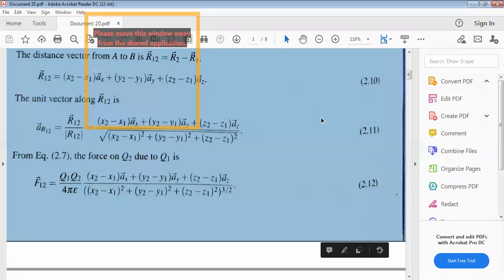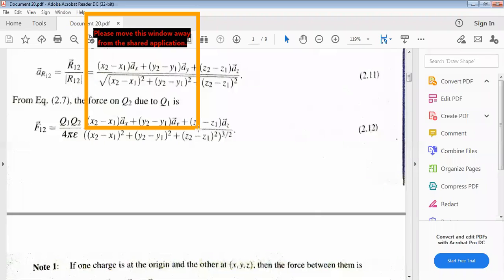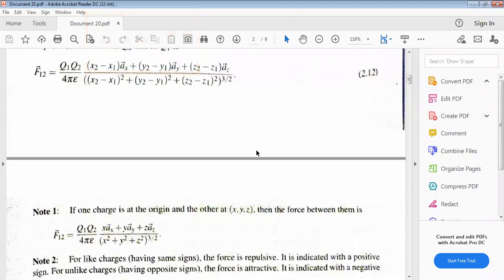Now see here, if one charge is at the origin, for suppose x1 y1 z1 or x2 y2 z2 is located at 0, then all those terms are 0. Then (x2 minus x1) ax, (y2 minus y1) ay, (z2 minus z1) az become x2 ax, y2 ay, z2 az, and here also x2 square, y2 square, z2 square over 3 by 2.